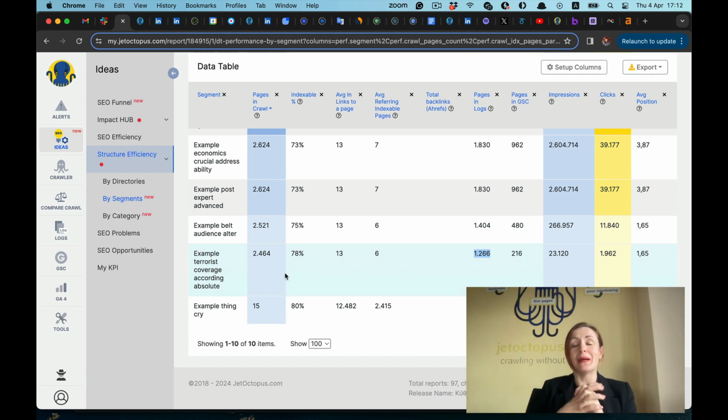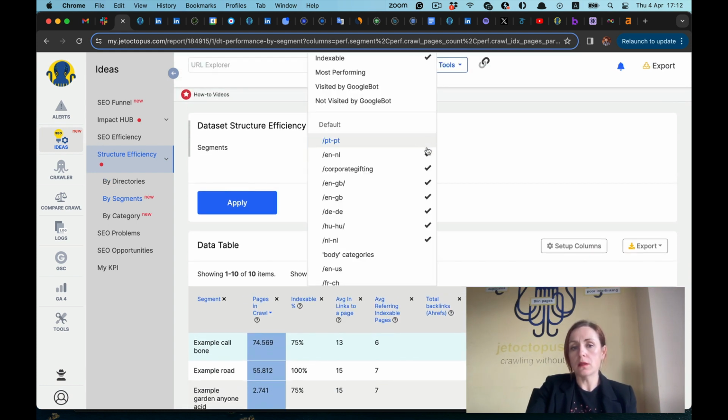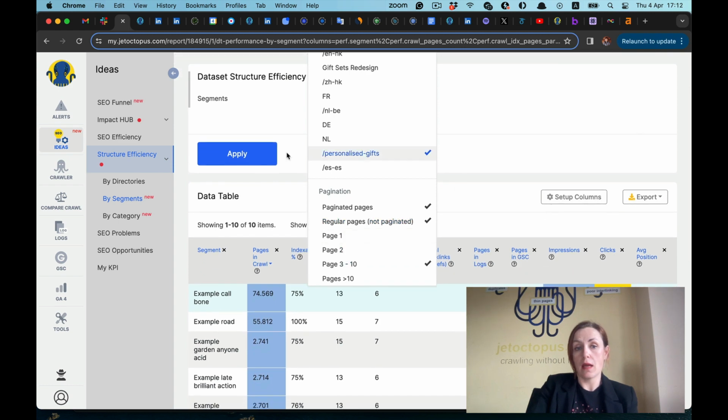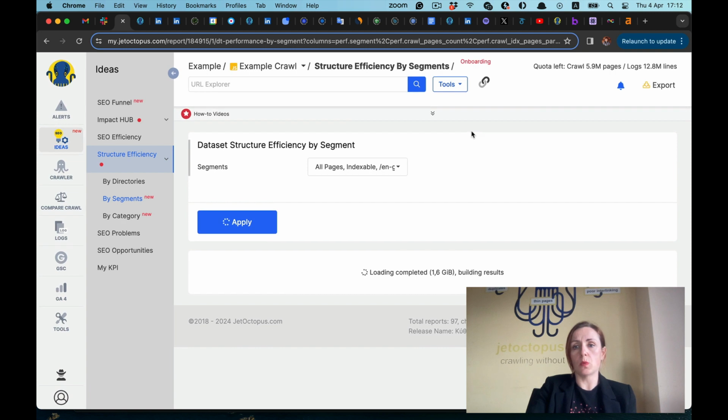And you all remember that we have the tools' impact section, and here is the link to the impact section. How to understand why Googlebot visited these pages and why these pages are ignored and what exactly to change. And you can easily pick any other and visualize the same for the other pages or the other segments you have, and apply and get it right away.